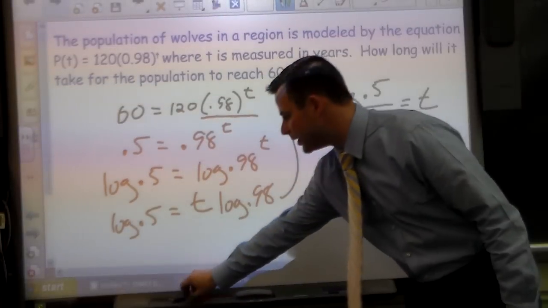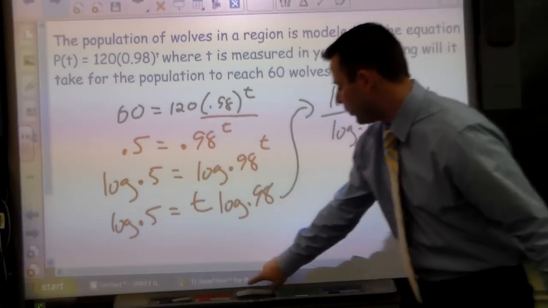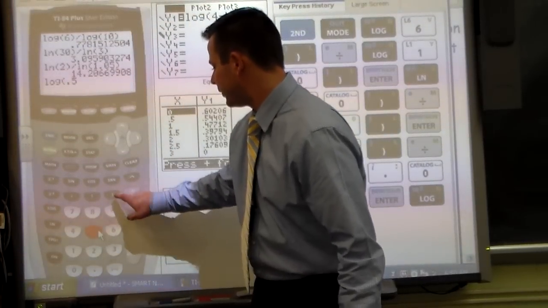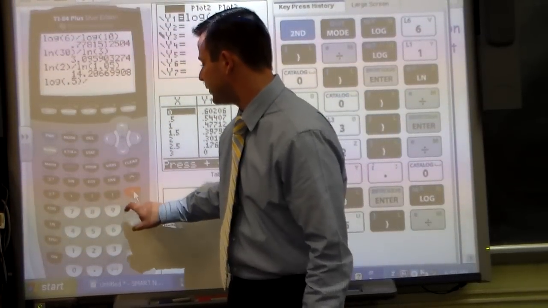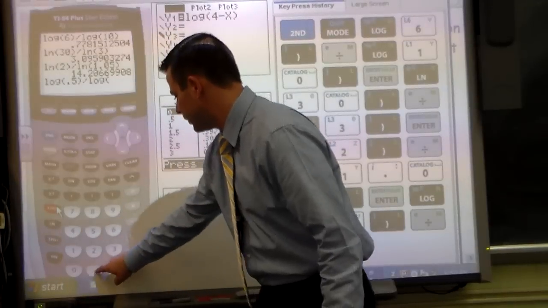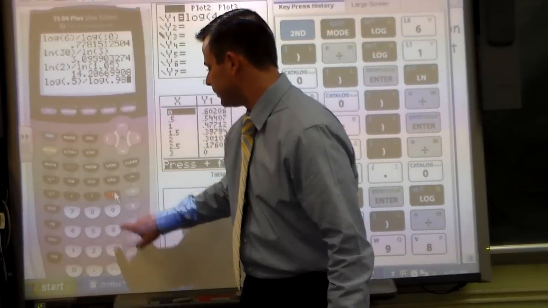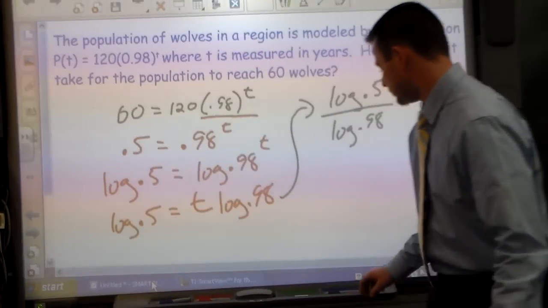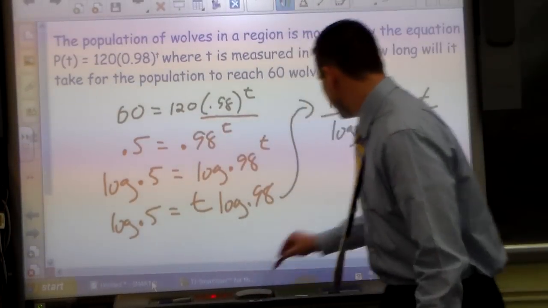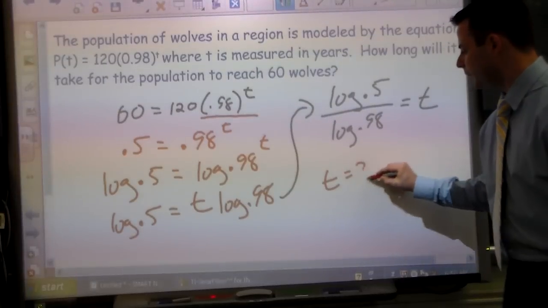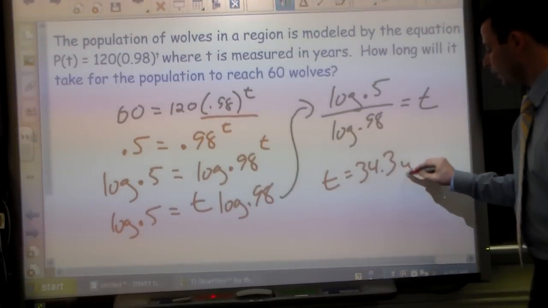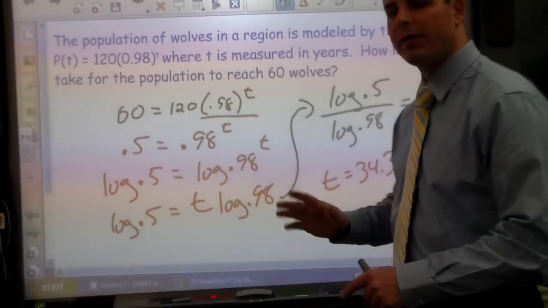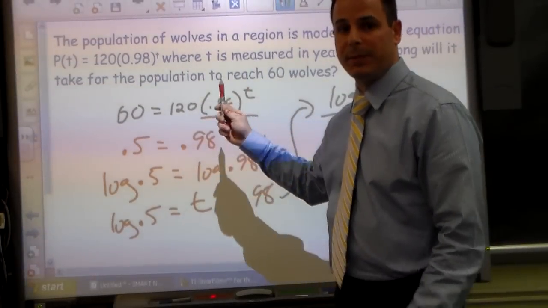So let's figure out how many years it will take. Log 0.5 divided by log 0.98. Enter. So we get 34.3. So t equals 34.3 years. So it'll take a little over 34 years for the population of wolves to be cut in half.